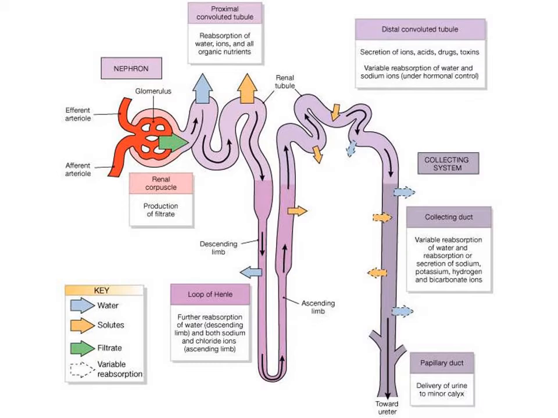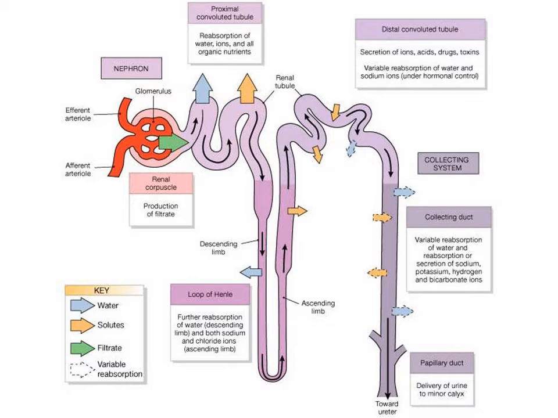So you're going to reabsorb water, depending on if the individual is dehydrated or not, ions, and all the organic nutrients. So you're reabsorbing, you're putting this back into the blood. It does not show here, but there are blood vessels that are all surrounding this purple colored tubule network. So from the glomerulus, you go to the proximal convoluted tubule. Here you're going to have reabsorption occurring.